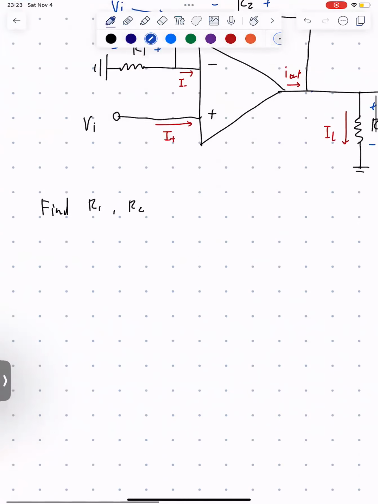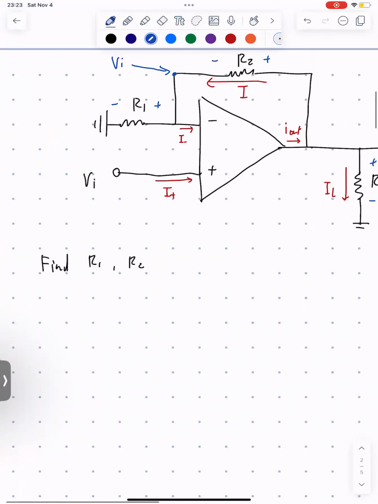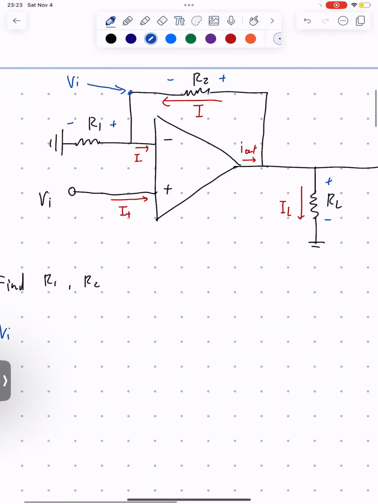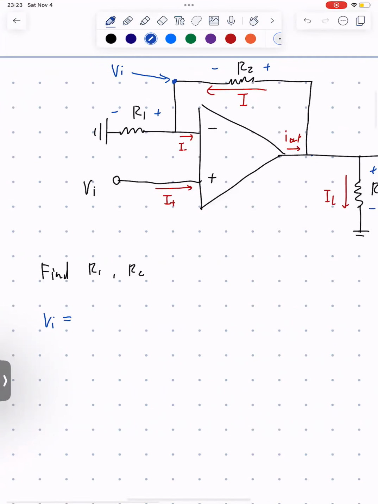So let's do that. We know that VI, if you do a KCL, since this is ground, VI is just going to be equal to the voltage of the resistor over here.